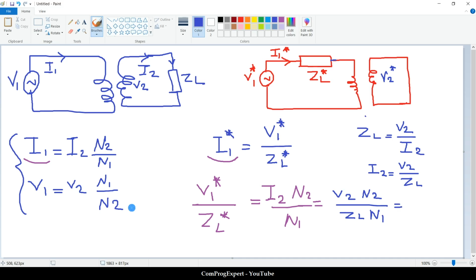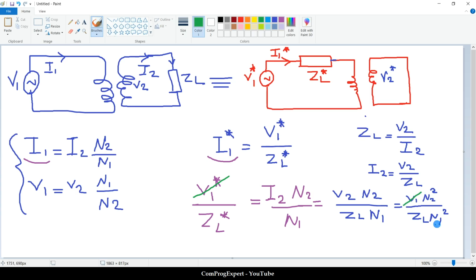V2 is equal to V1 N2 divided by N1. So this is N2 to the power 2, N1 to the power 2, ZL. In these two cases, these are equivalent. Yes, we know that V1 is equal to V1 star.